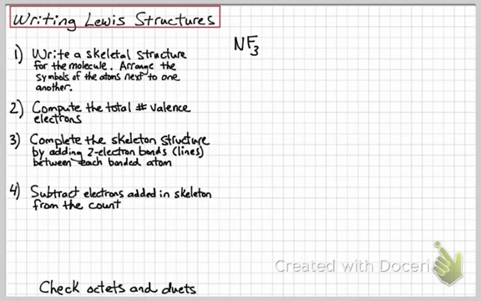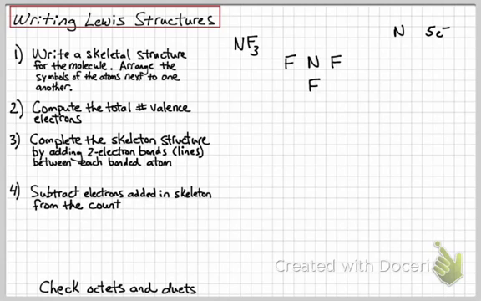NF3, nitrogen trifluoride. So we're going to start the same way. We're going to arrange our atoms in the skeleton structure. In this case, nitrogen is the central atom to which the fluorines will be bonded. We're going to compute the total number of valence electrons.